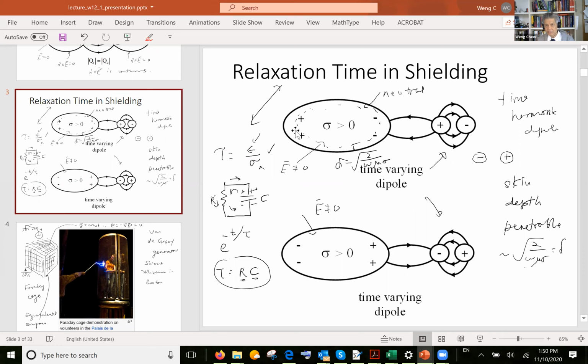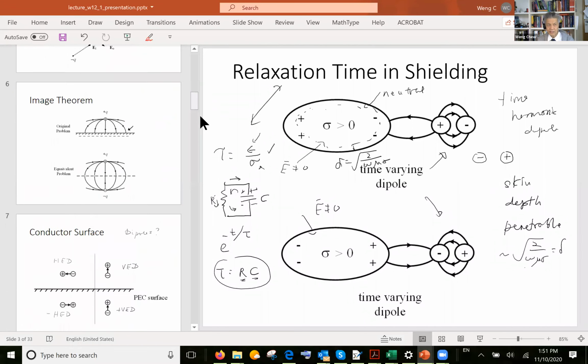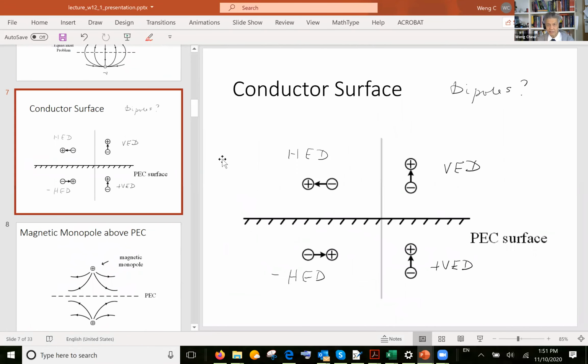The charges can reorient themselves instantaneously to follow the change of sign of these dipoles on the outside, which means that if I were to change this to the dynamic case, for static, then I don't need a PEC.